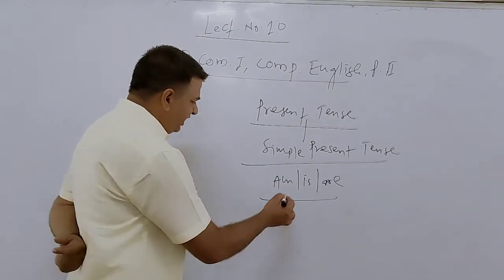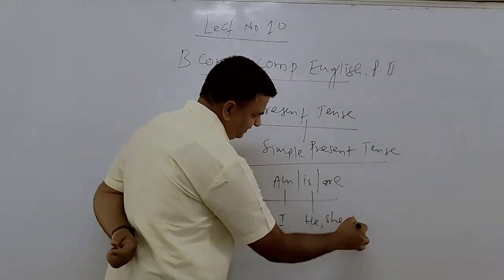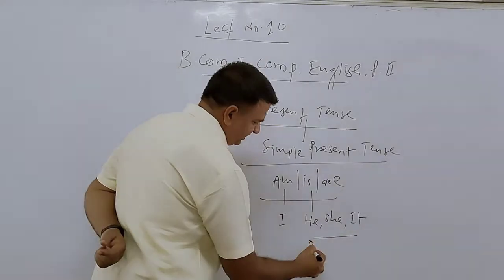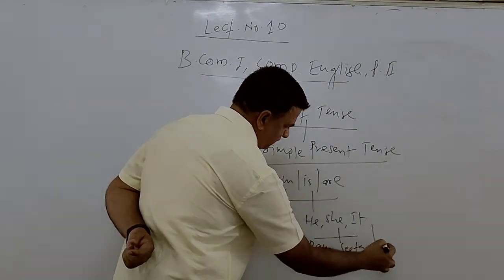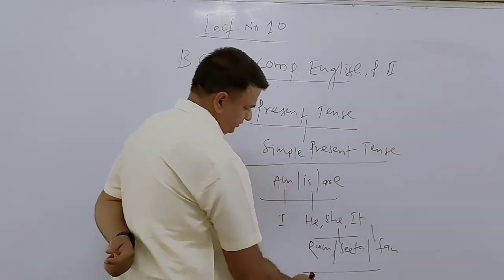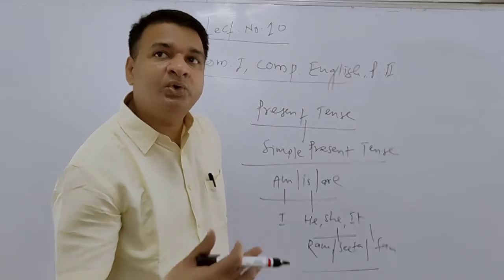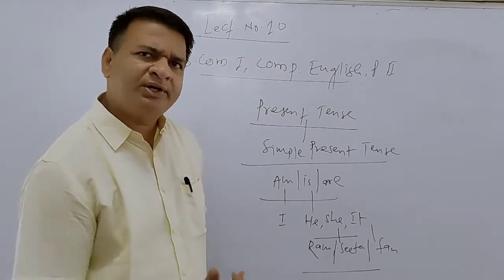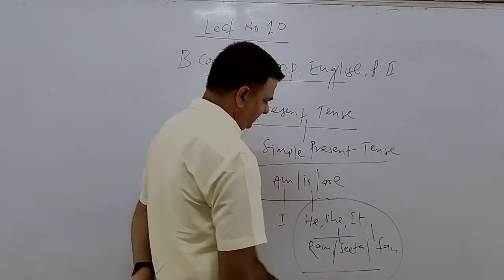For example, am is used for I, is for he, she, it, or we can say Ram, Sita, or the fan. In these cases we use is, for example, here means Ram, Sita, it means fan, door, window, tube, car, mobile, whatever it comes. It is in the case of is.